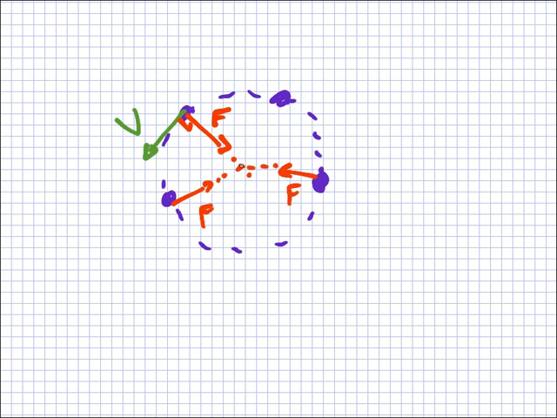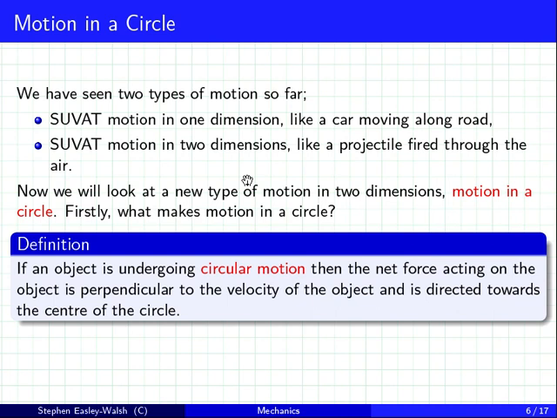When you have that situation, you can have motion in a circle. The force is perpendicular to the velocity and towards the center of the circle. That's what's happening here. Okay? I would need you to write this down carefully, and I've already drawn it, so write that down carefully.